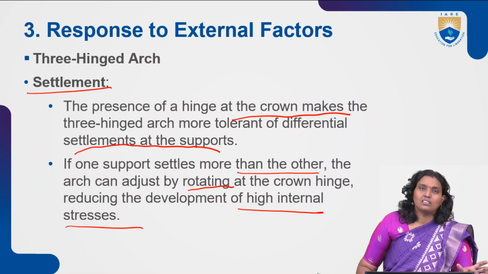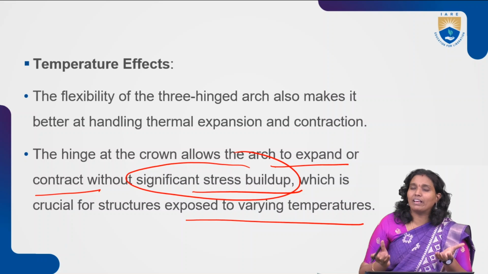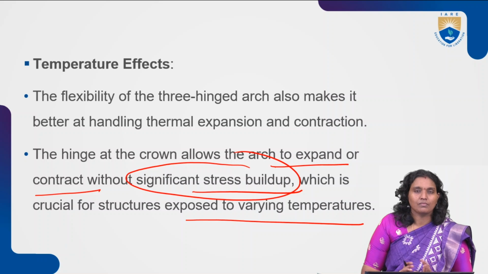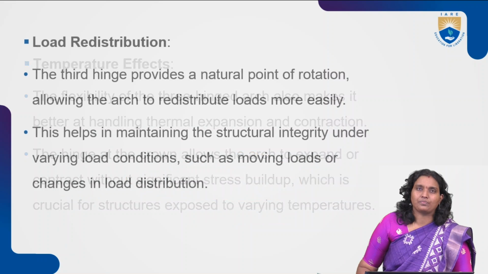So these settlements and temperature effects are lower risks because of the hinged crown. That's why, whenever the two supports settle unevenly, the three-hinged arch is ready to maintain equilibrium and resist, because of the third hinge at the crown.